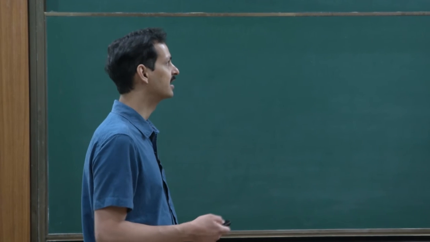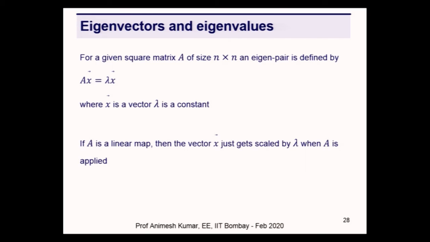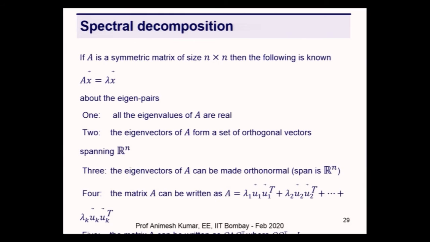So when we seek eigenvectors, we want them to be strictly non-zero. Once again, A is like a linear map, so what we are insisting is that if I apply A on x vector, then x vector just gets scaled by lambda.